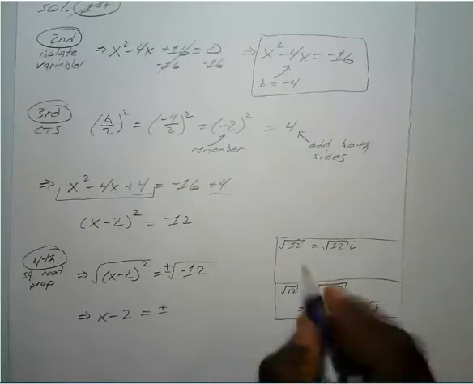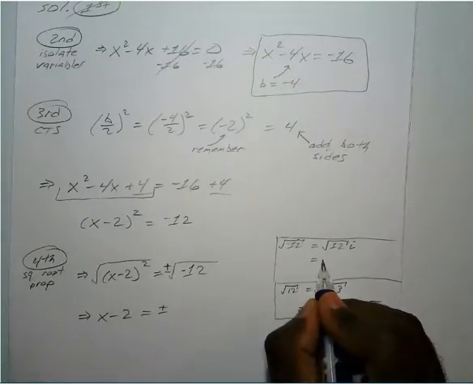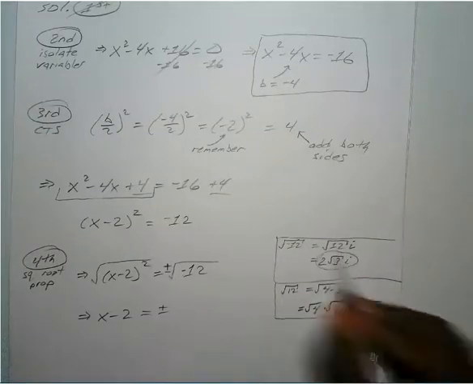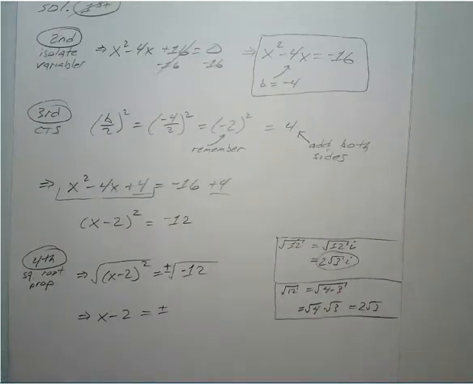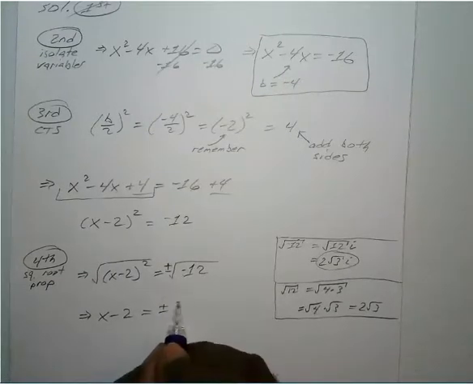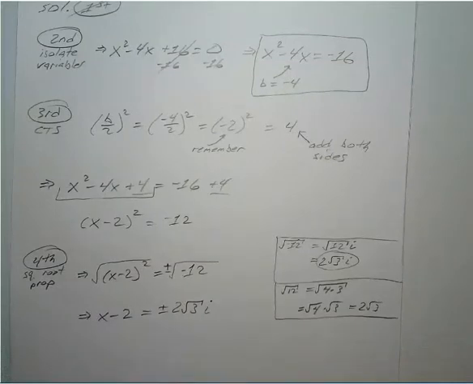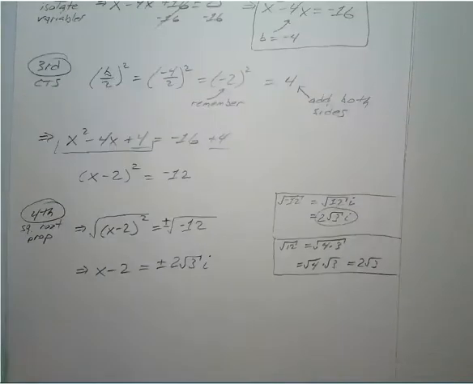So this square root of 12i becomes 2 square root of 3i. Okay, so this is plus or minus 2 square root of 3i. Or sometimes you may see people with 2i square root of 3. Doesn't matter. It's all multiplication.